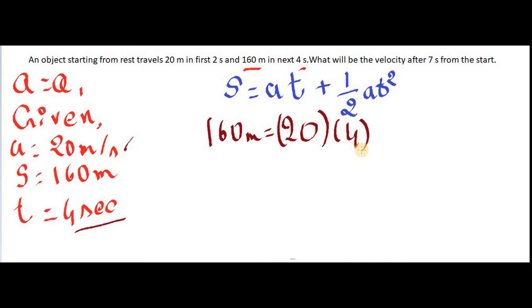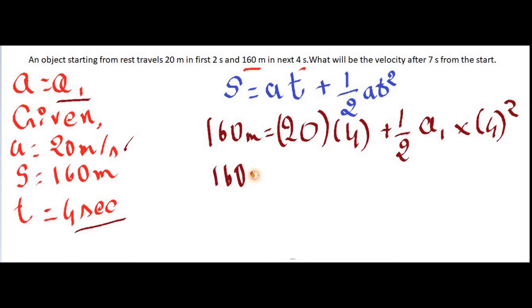So 4 plus half. What is a here? We have assumed it as a1, so let's write it as a1 over here, and time square. What is the time? 4 seconds. So 4 seconds square. Let's solve it now.